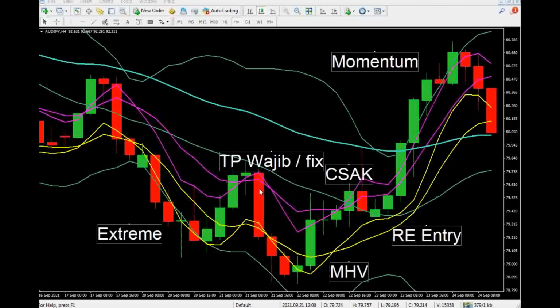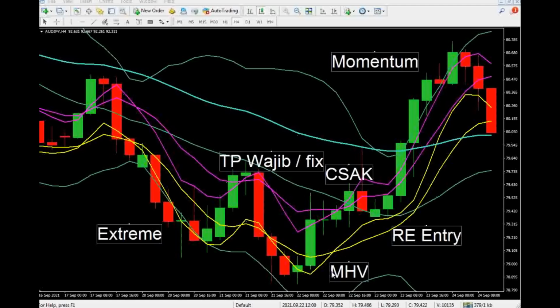And then the price moves and makes the next structure, it is MHV. What is MHV? MHV is market hilang volume. Again, it is a Malaysian language.